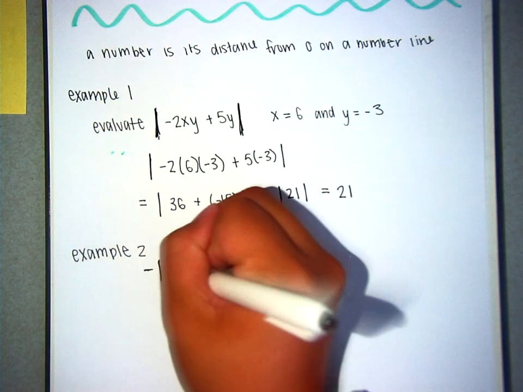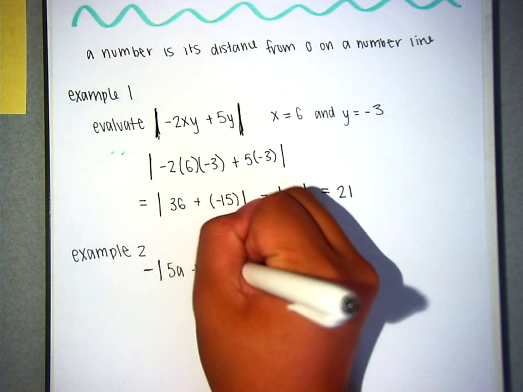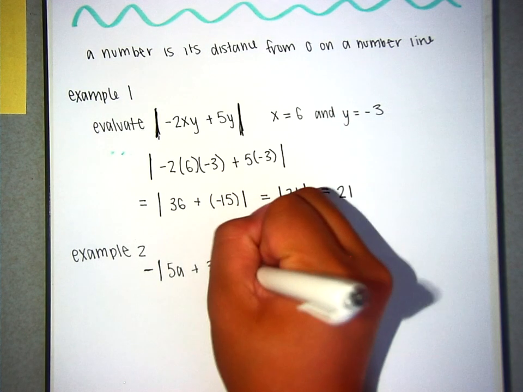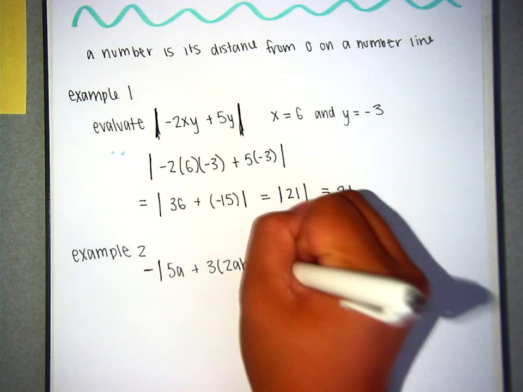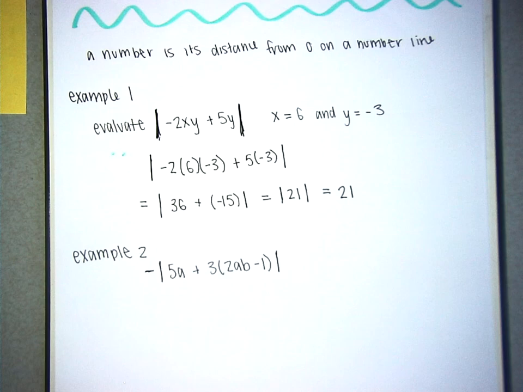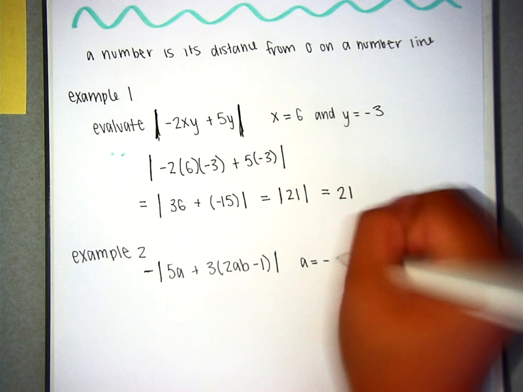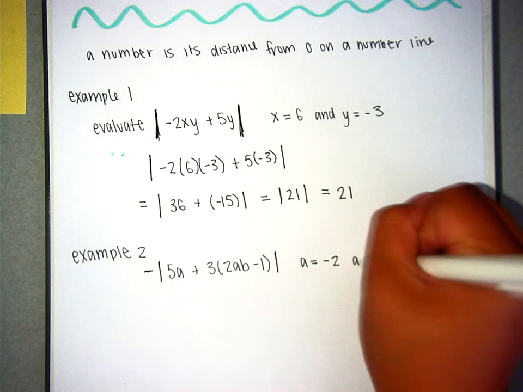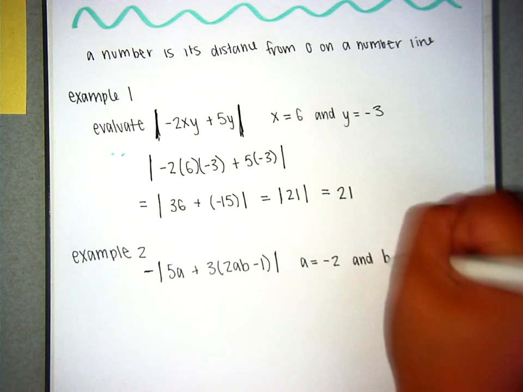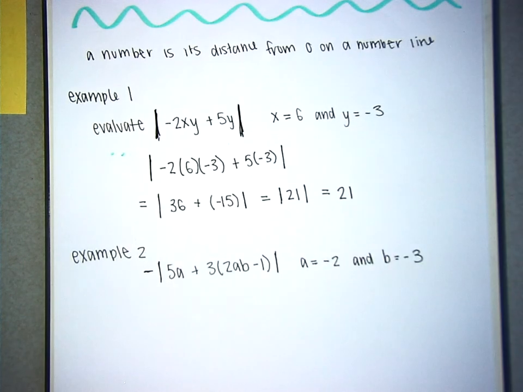Negative absolute value of 5a plus 3 times 2ab minus 1, where a equals negative 2 and b equals negative 3. Work with your Post-it partner and discuss how to solve this problem. Remember, those are absolute value signs.